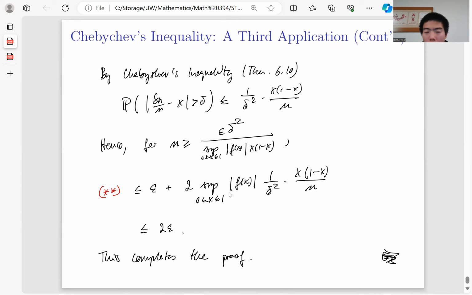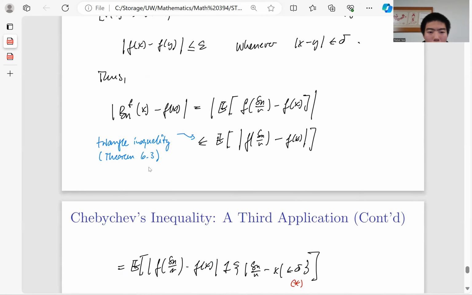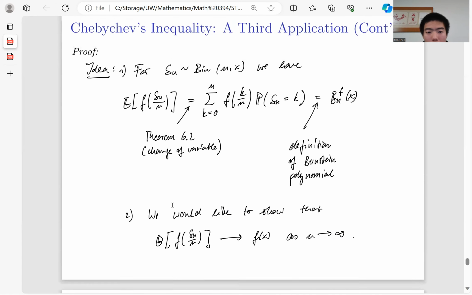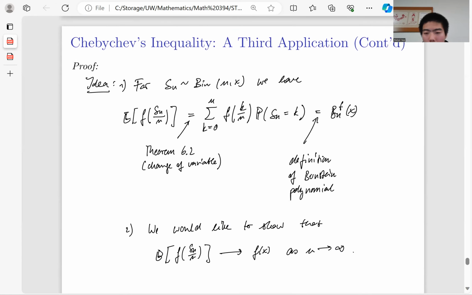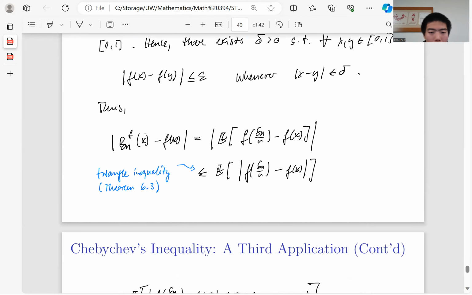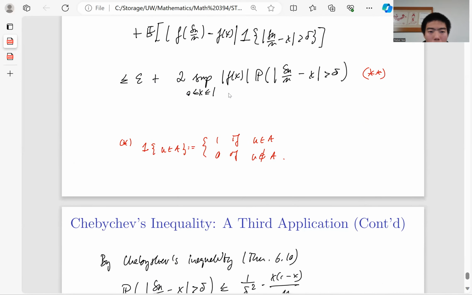So in this case, we have nearly solved the problem. The first term is the Bernstein polynomial, equal to an expected value, and we found that the expected value here is smaller than this term.